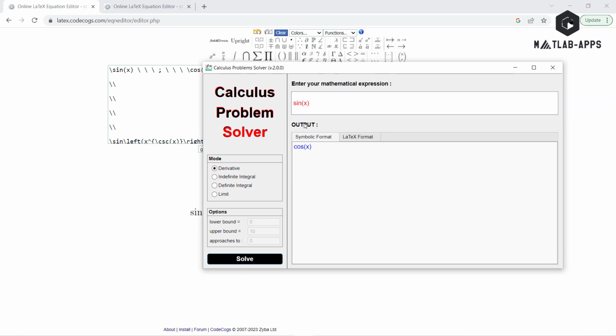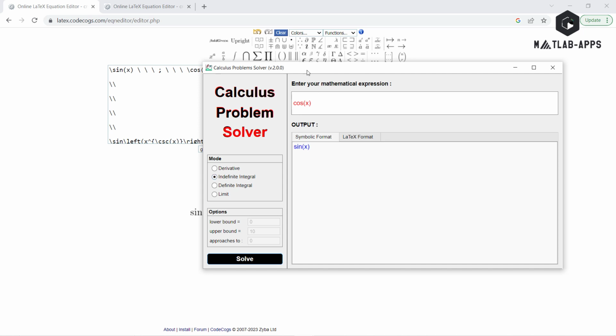If it is sine x and we want to find integrals, then it should be minus cosine x. The same thing for cosine. If it is cosine x, then the derivative should be what? Should be minus sine x. And for indefinite integrals, we will have this one.